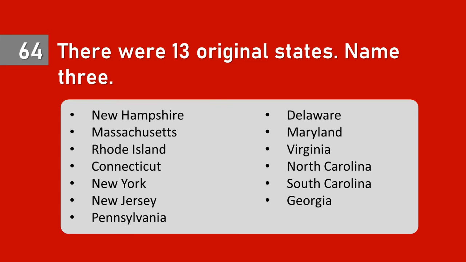Question 64. There were 13 original states. Name 3. New Hampshire, Massachusetts, Rhode Island, Connecticut, New York, New Jersey, Pennsylvania, Delaware, Maryland, Virginia, North Carolina, South Carolina, Georgia.